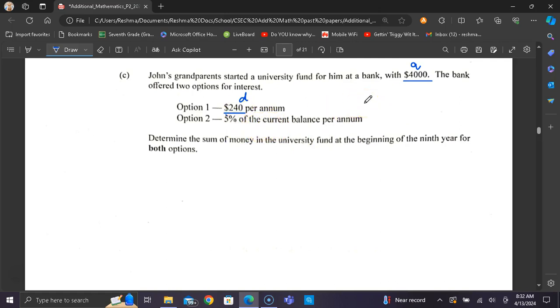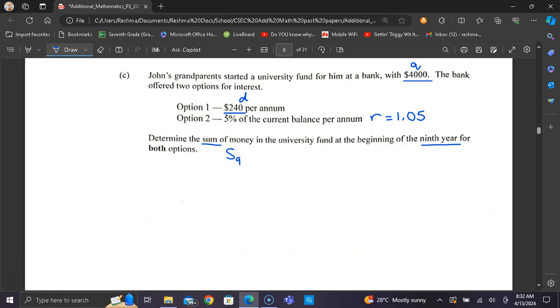Therefore, r, which is the common ratio for our geometric series, that is option 2, would be 1.05, right, which is 105%. So what we have to determine is the sum, and the key word here is sum, at the beginning of the 9th year. So what we want to find is S9 for both options.